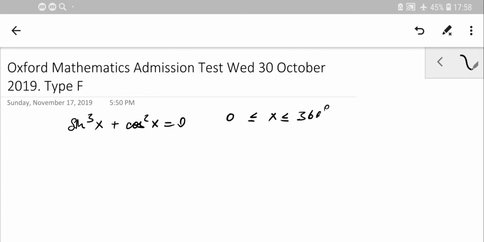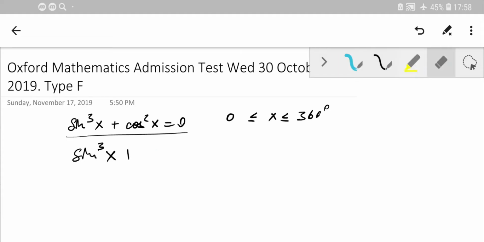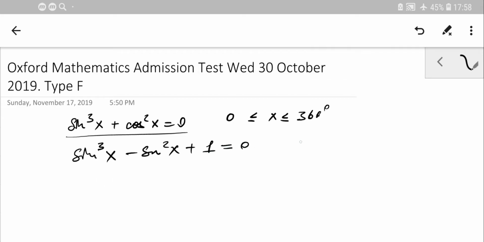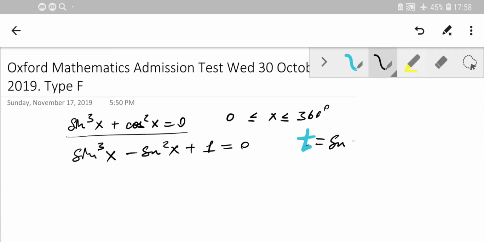So let's start. We have sine cubed x cosine squared x, so I use the trigonometric identity to come to one single function: minus sine squared x plus 1. Now I introduce a new variable t, equal to sine x.